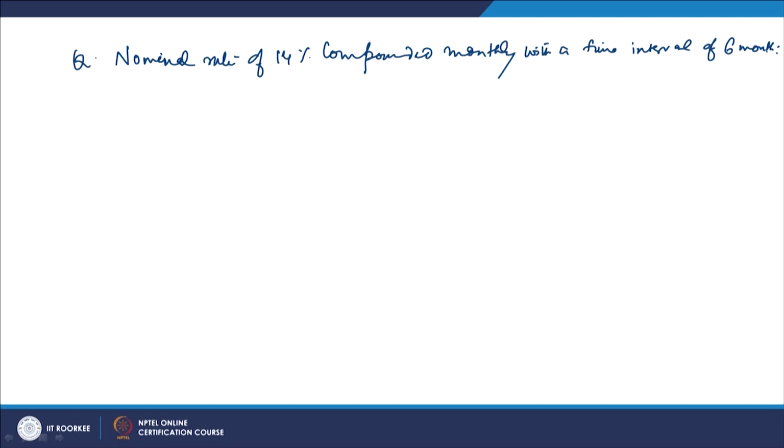Now, the compounding is monthly. The time interval is 6 months, which is half of the year. So, R is 0.14 as usual. Then L is for how much time you have to calculate, that is 6 months, so it will be 1 by 2 years. Now, M: since compounding is done monthly, it is 1 by 12 years and its reciprocal is 12.